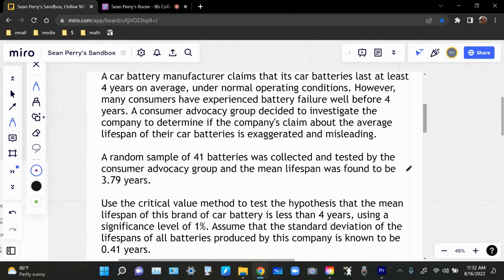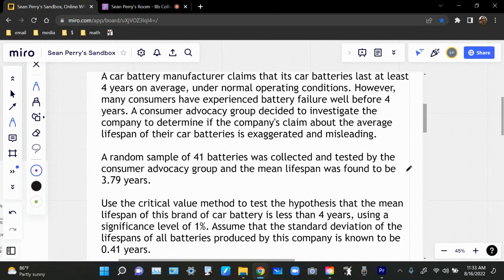A random sample of 41 batteries was collected and tested by the consumer advocacy group, and the mean lifespan was found to be 3.79 years. Use the critical value method to test the hypothesis that the mean lifespan of this brand of car battery is less than 4 years, using a significance level of 1%. Assume that the standard deviation of the lifespan of all batteries produced by this company is known to be 0.41 years.